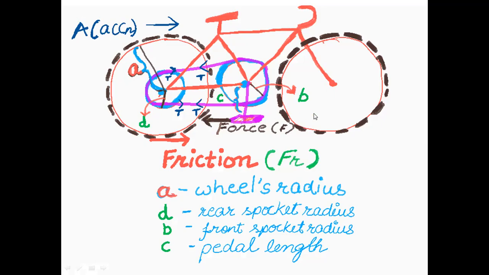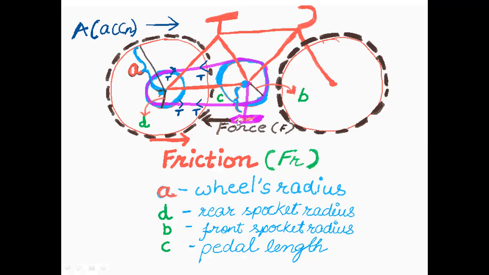Ultimately the front wheel responds, but that response comes once the entire system moves because of what is happening between the front sprocket and the rear sprocket. So overall, the front wheel is going to move, and there is going to be some force acting on it, but that would happen a moment later.